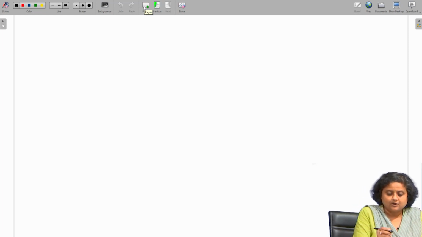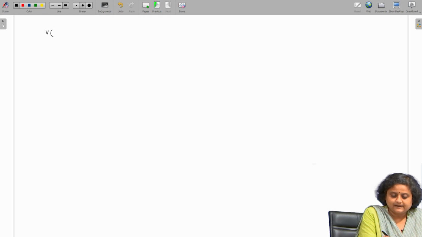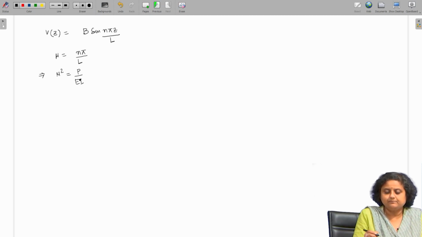We have got V(z) equal to B sin n pi z by L, and we have got that mu is going to be n pi by L. Now, mu square is in turn P by EI, if we remember, we have substituted P by EI as mu square, and that is n square pi square by L square.